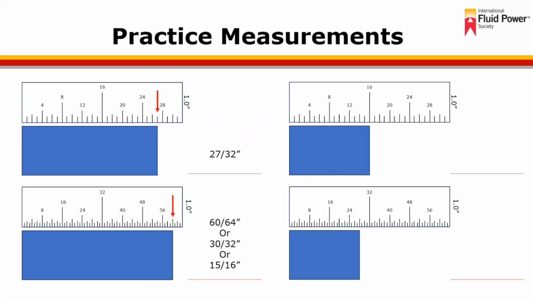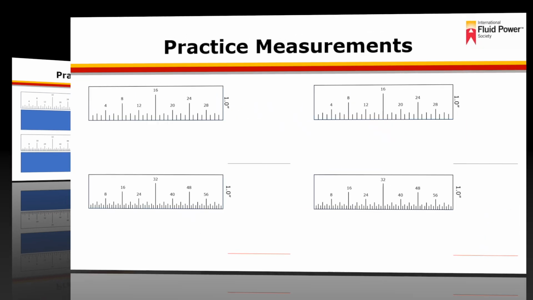For the third, we see that the part measures to the 16th line, which would be measured as 16/32, or could be reduced to 1/2 of an inch. For the fourth one, we see that the part measures to the 28th line, which would be measured as 28/64, or could be reduced to 14/32 or 7/16, depending on the level of reduction of the fraction.